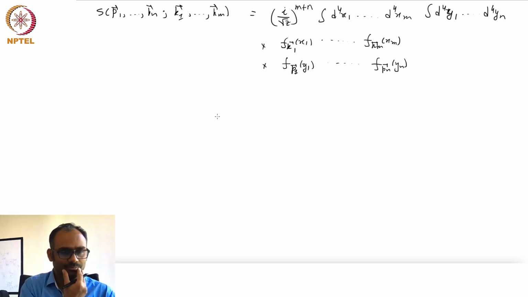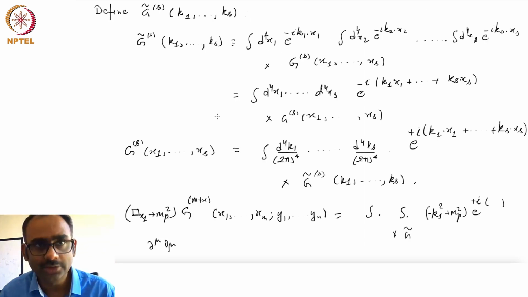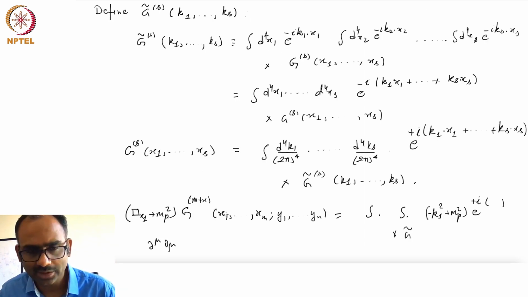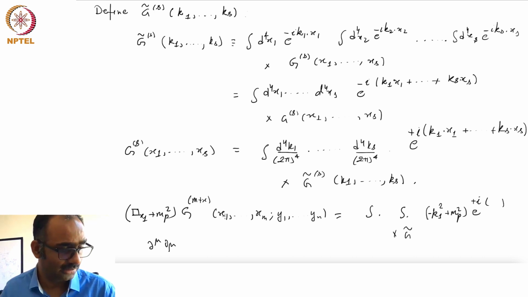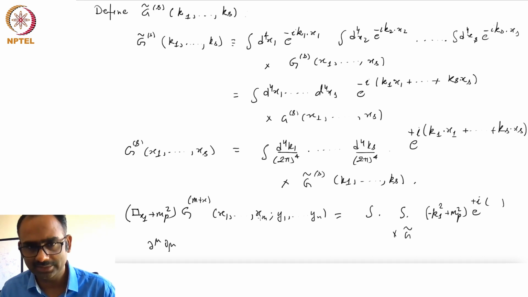The variables which I will use are for when I am transforming this G. So, corresponding to x_1, I will write k_1 prime, and for x_m I will write k_m prime, and for y_1 I will write p_1 prime, and y_n, I am talking about the conjugate variables.